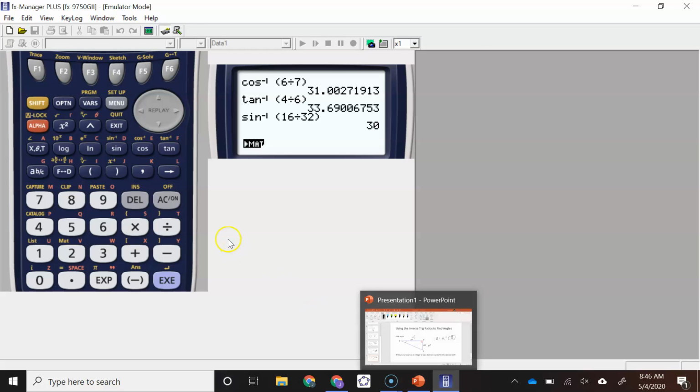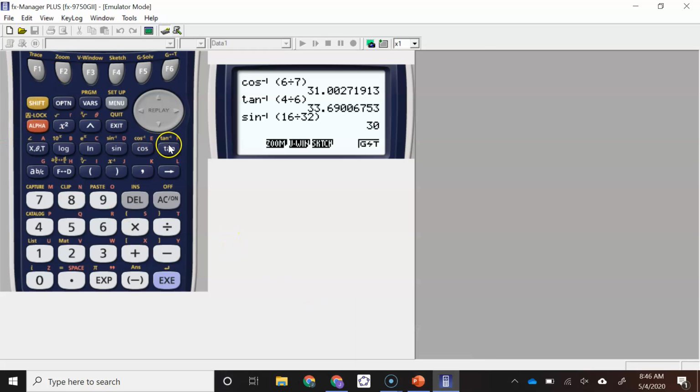So I'll show you how to type that in. I wanted tangent, so shift inverse tangent, a parenthesis. Square root is going to be shift, where are you?